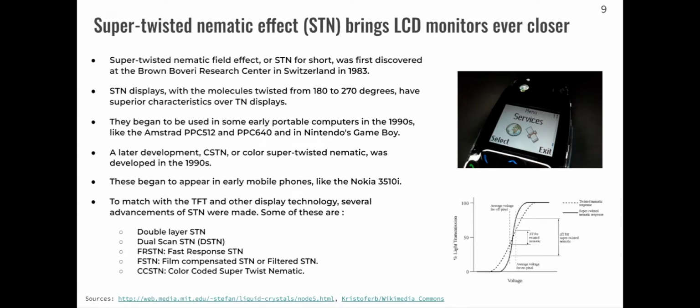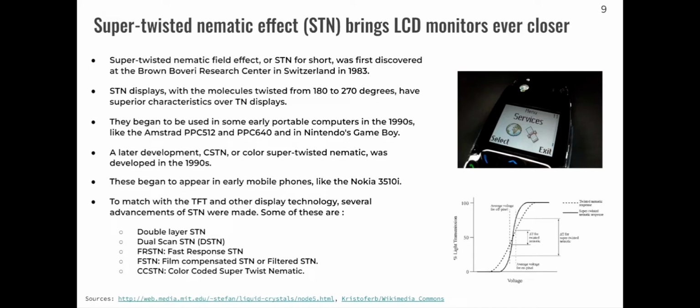Super twisted nematic effect (STN) brings LCD monitors even closer. The super twisted nematic effect, or STN for short, was first discovered at the Brown Boveri Research Center in Switzerland in 1983. Standard twisted nematic LCDs have a 90 degrees twisted structure of the molecules, which have an unfavorable contrast versus voltage characteristic for passive matrix addressing.